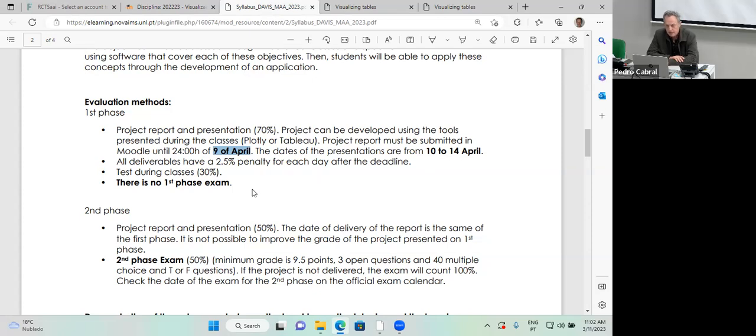And then you write down, I would say, 3, 4, 5 questions. So you have this table, okay? You write 3, 4, 5 questions and you ask, what is the information you want to extract with the data visualization products you are going to develop, okay? That's the main objective. Don't forget about this.